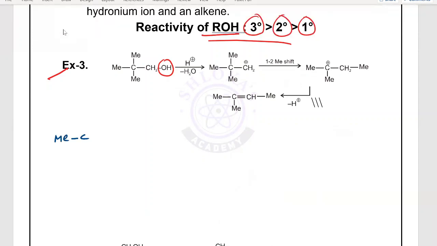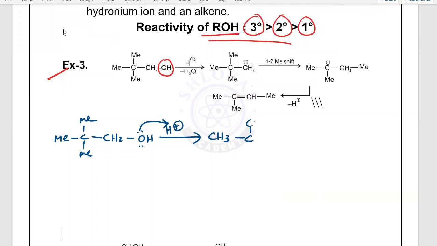I am taking CH3, CH3, CH3, CH2OH. So the reaction always takes place in presence of acidic medium. It gives electrons to this one. CH3, CH3, CH3, and CH2OH2 plus, which is highly unstable.